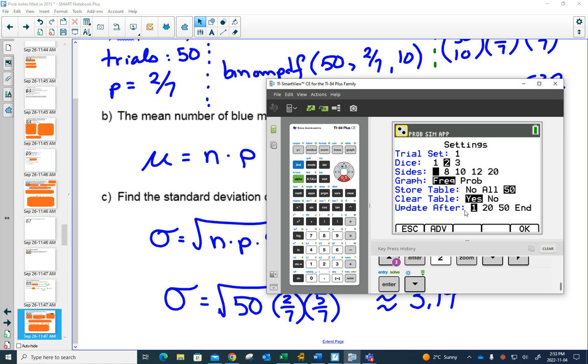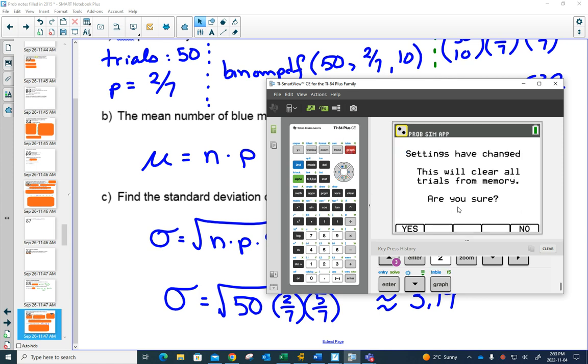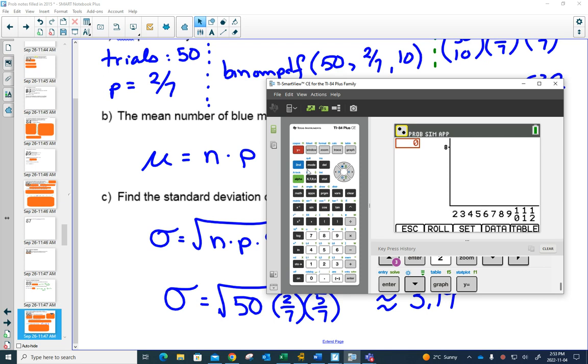Let's clear everything. Okay, let's roll. Let's hit the right button. We got a 12. That's super lucky, because that's highly unlikely.